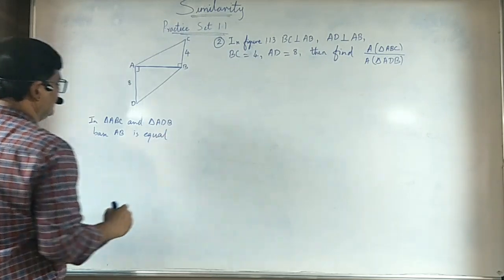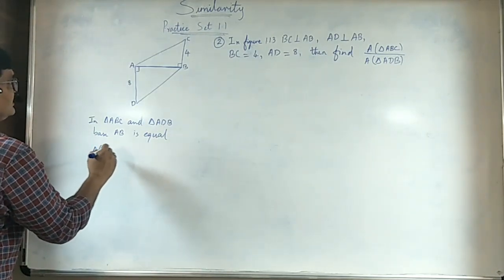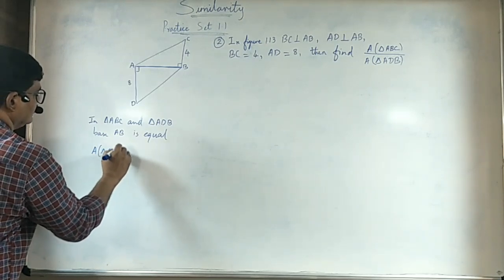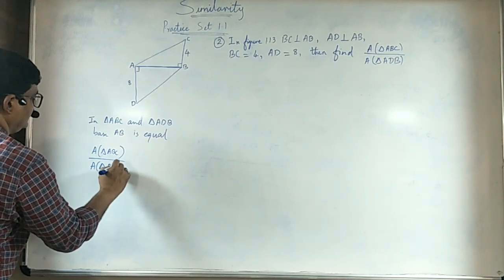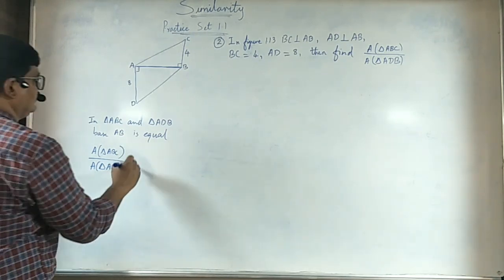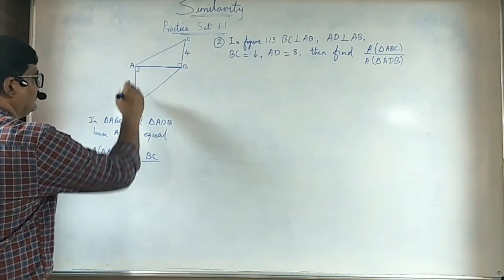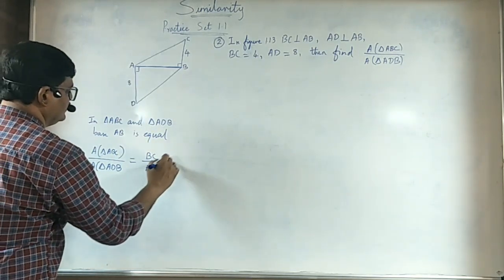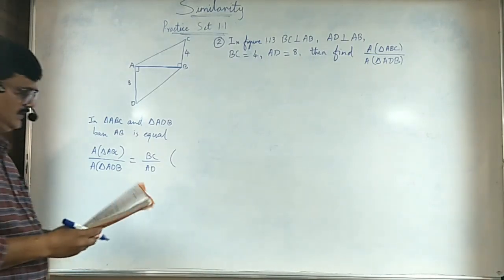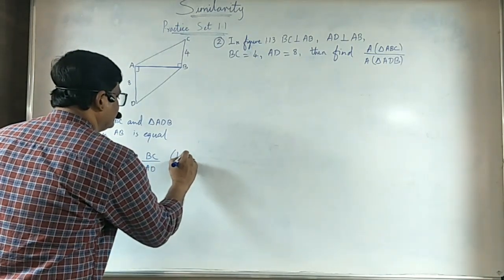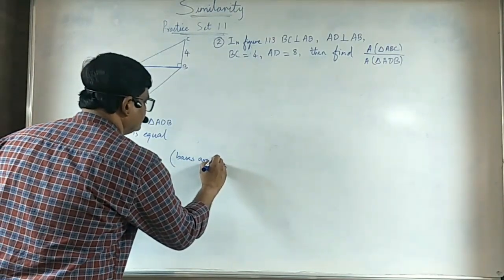So if the base is equal, you have area of triangle ABC upon area of triangle ADB equal to the corresponding heights, that is BC and AD. And then here you have to write one reason: bases are equal.